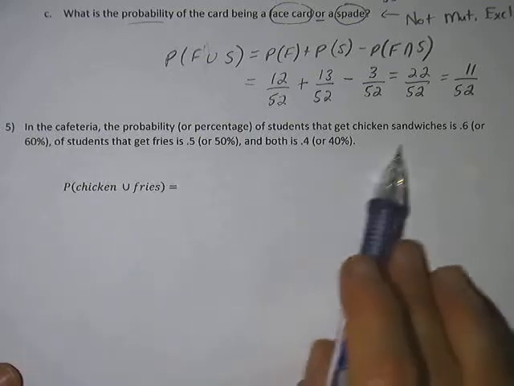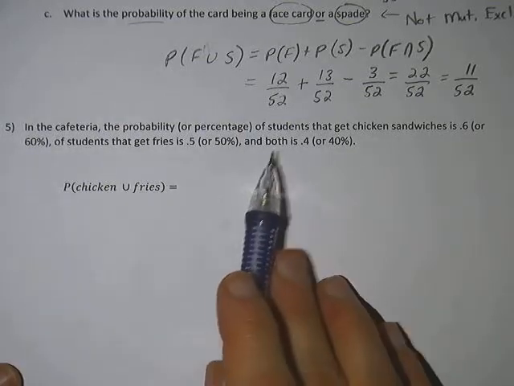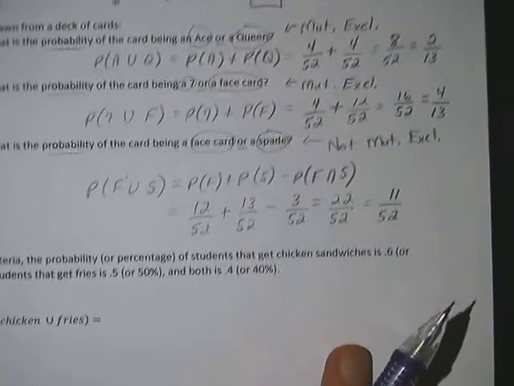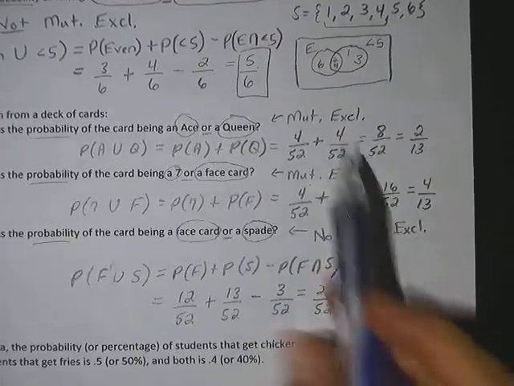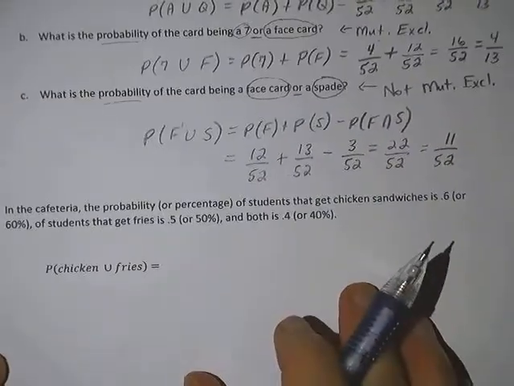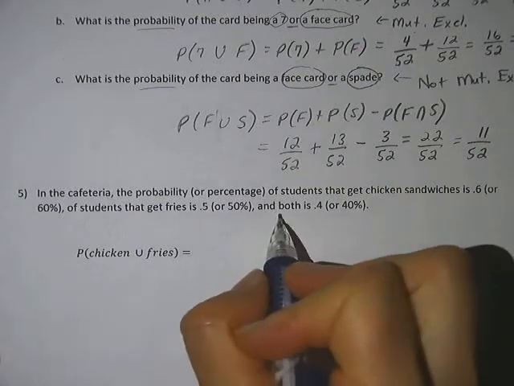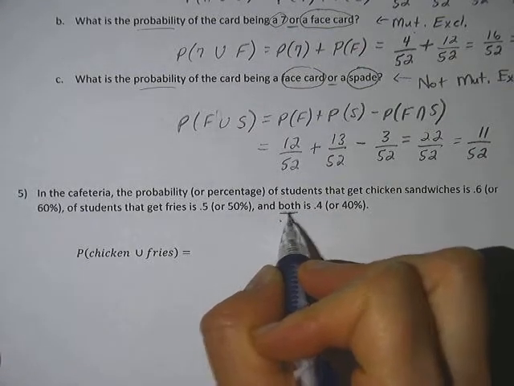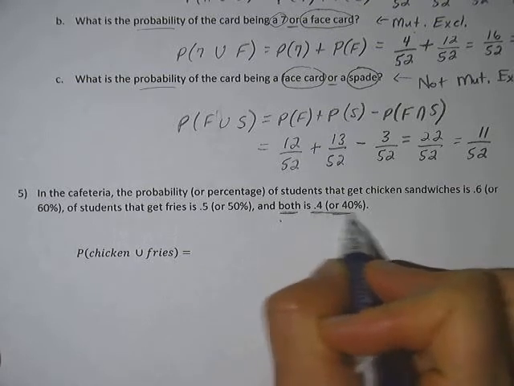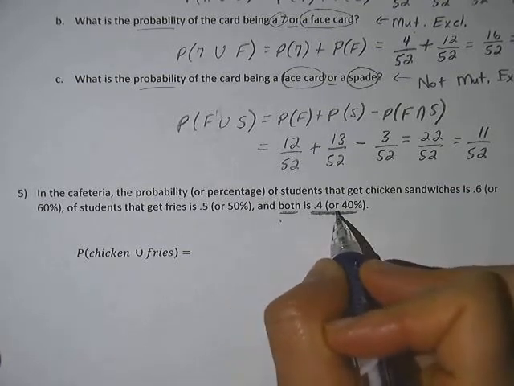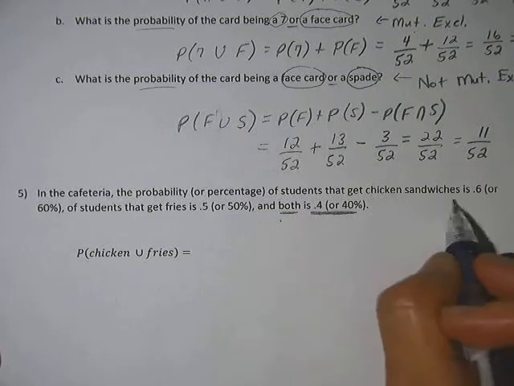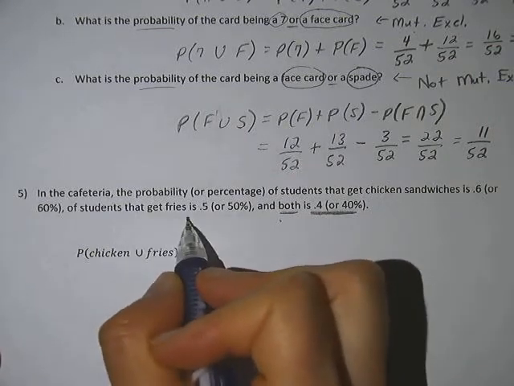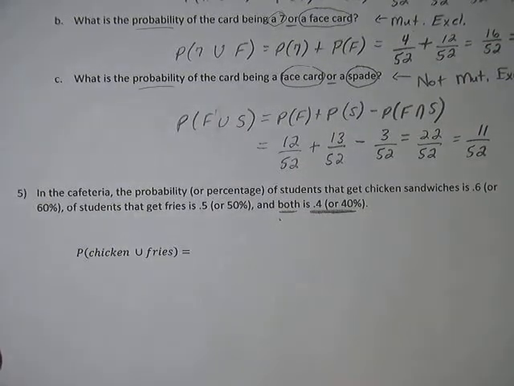Well, if you read this problem closely enough, it actually tells you whether these problems are mutually exclusive or not, okay? And it's right here. It says that this is the percentage or the probability of the students getting both. So because we know that some students will get both a chicken sandwich and fries, we know that there is an overlapping part.